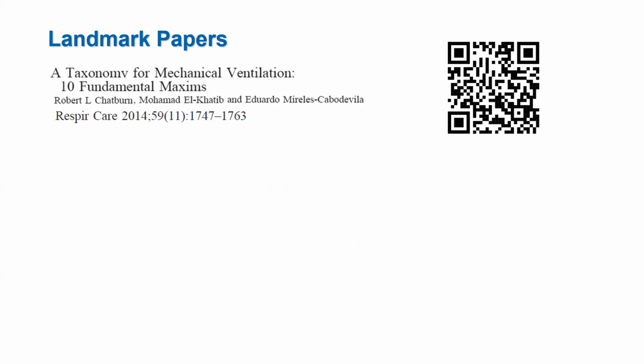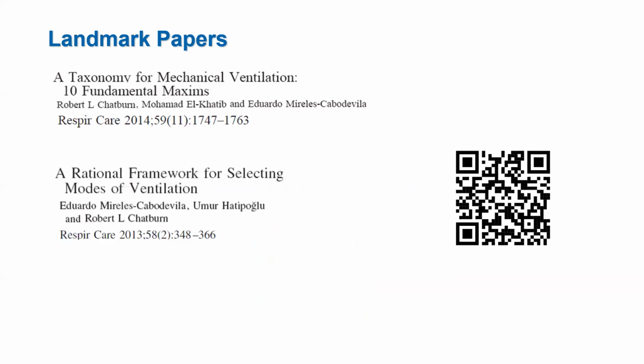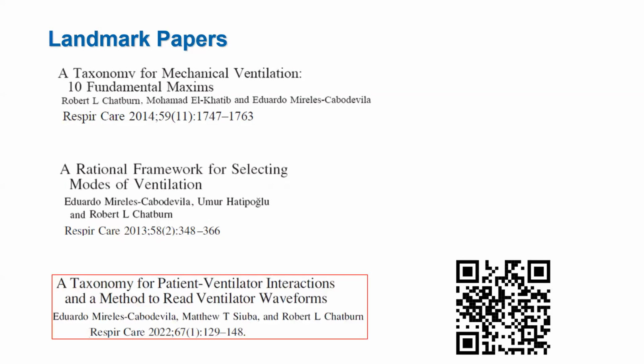The first describes the taxonomy or classification system for modes of mechanical ventilation. The second, expanding on the first, explains what we call goal-directed mechanical ventilation based on the 3 goals of safety, comfort, and liberation. Finally, we will introduce a taxonomy for classifying synchrony problems.